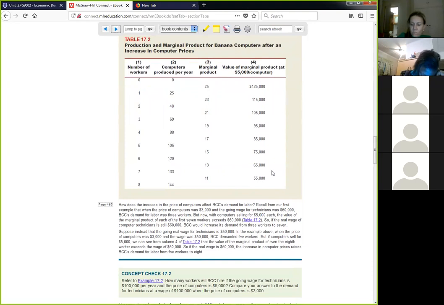If your real wage increases, more labor will be demanded. Now, the reason for that is an increase in the price of the worker's output increases the value of the marginal product. So if at the same wage, laborers work harder, the demand curve for labor will shift out.